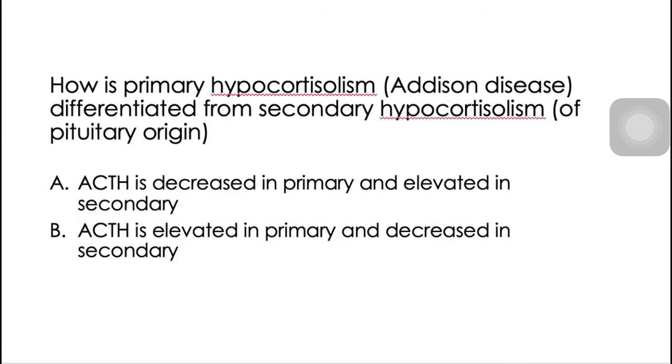Okay. How is primary hypocortisolism or Addison's disease differentiated from secondary hypocortisolism? Again, pag primary, yung target gland mismo yung problema. Kapag secondary, ang problem ay nasa pituitary gland, in particular the anterior pituitary gland.